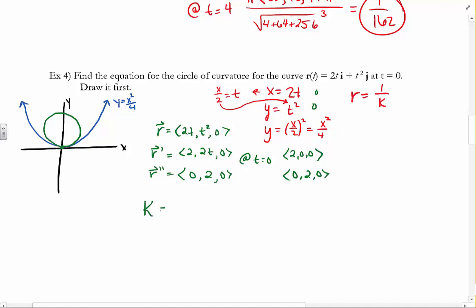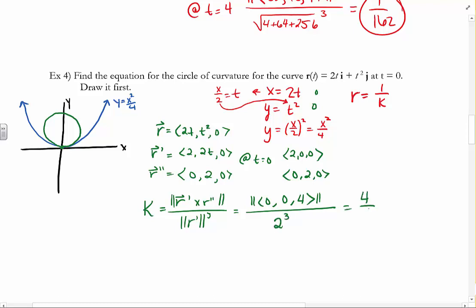So k, again, is the magnitude of r prime crossed with r double prime, divided by the magnitude of r prime cubed. r prime crossed with r double prime is going to be (0, 0, 4). So I got the magnitude there, and r prime is (2, 0, 0), so the magnitude of r prime is just 2. So this is going to be 4 over 8, which is 1/2.